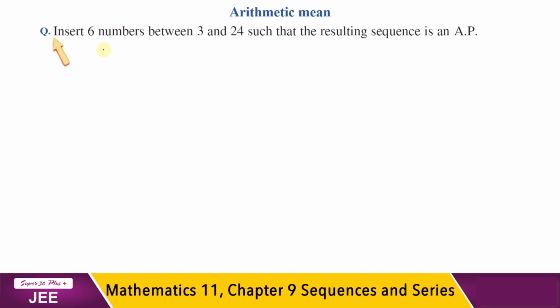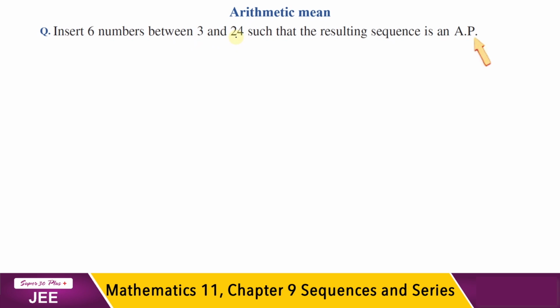Let's see this basic example which says: insert 6 numbers between 3 and 24 such that the resulting sequence is in an AP. So since the resulting sequence is an AP, we can say that these 6 numbers are going to be 6 arithmetic means between 3 and 24.